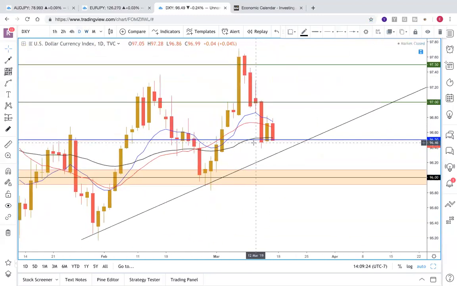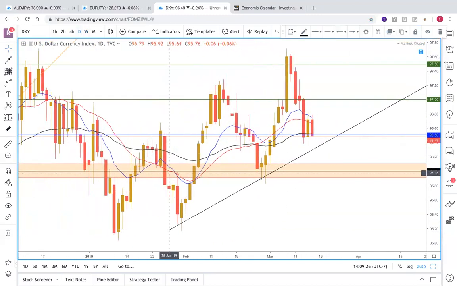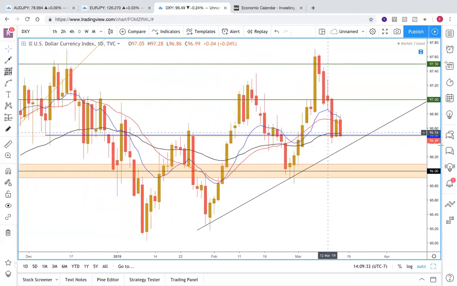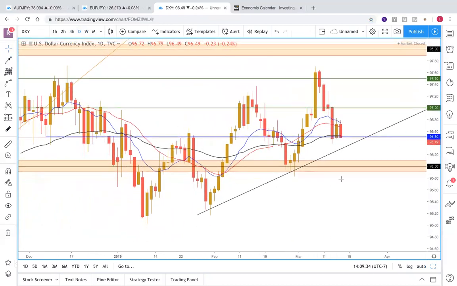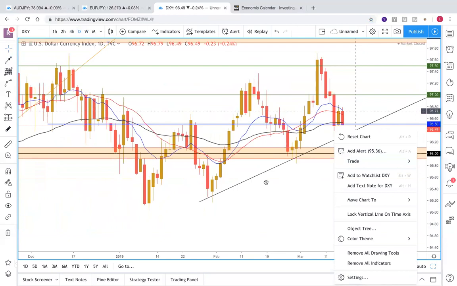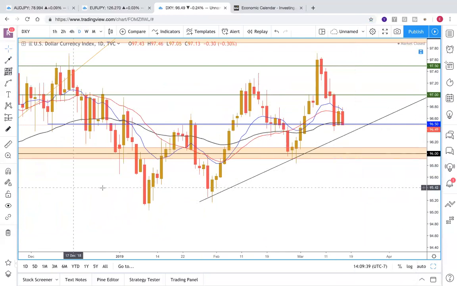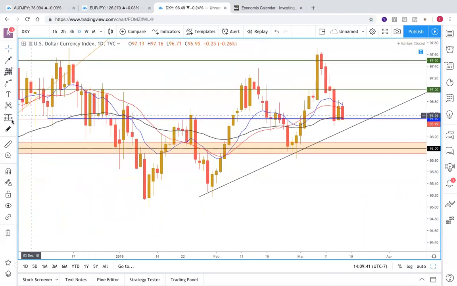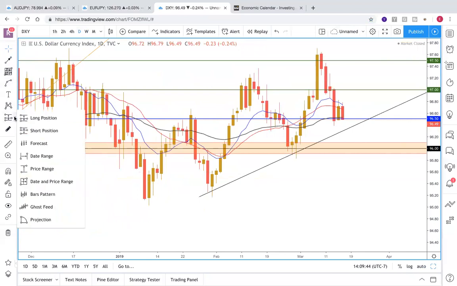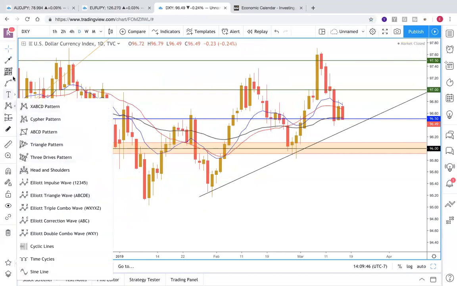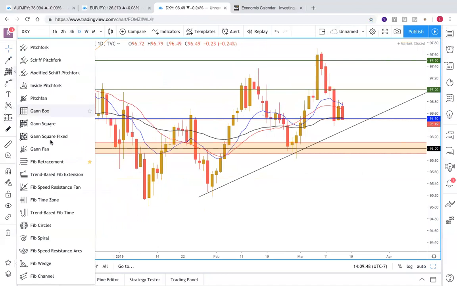You can see that we possibly have price making higher highs, higher lows, higher highs, higher lows.